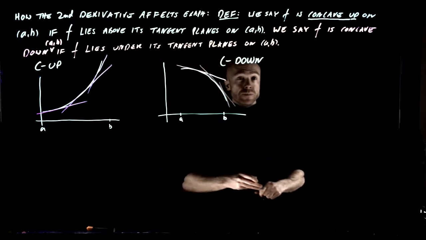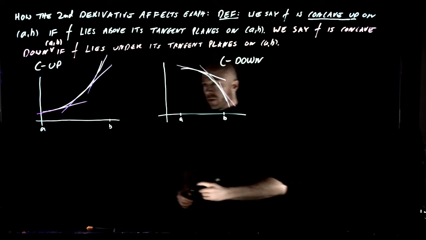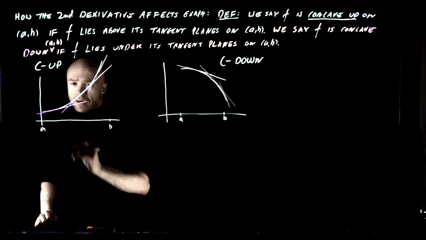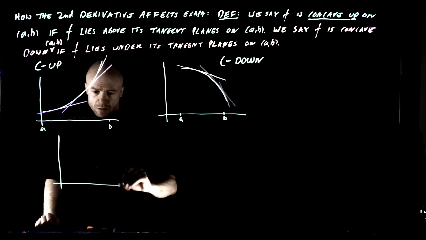Okay, so the answer is no. We can have things that are concave up and also decreasing like this.